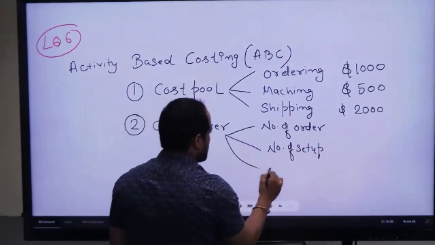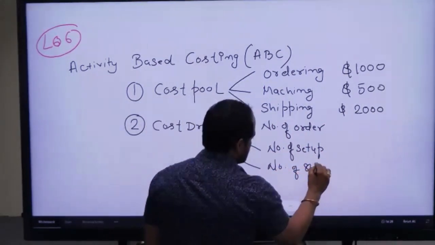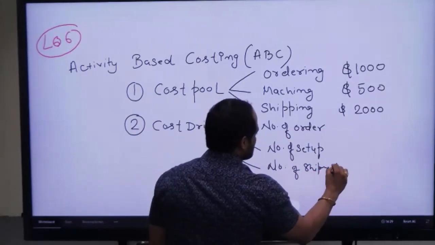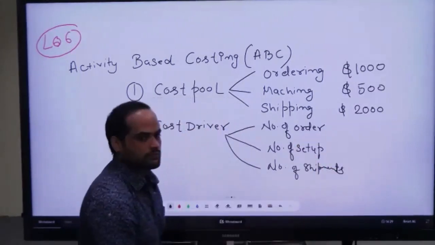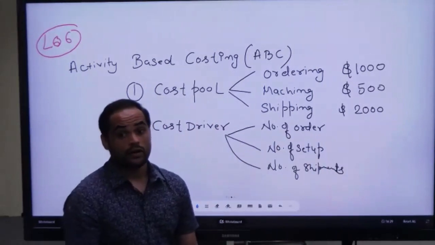And shipping is number of shipments. So it's all about numbers, all right? Like, as number of orders, right?